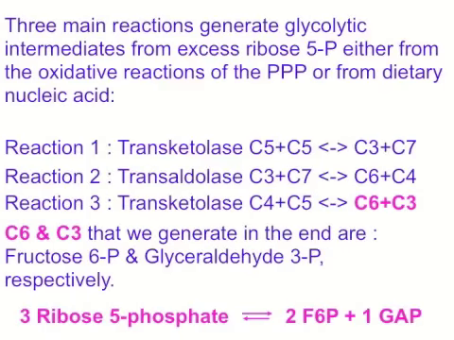In the non-oxidative pentose phosphate pathway, we have 3 main reactions that are going to go on to generate glycolytic intermediates from excess ribose 5-phosphate, either from the oxidative reactions of the pentose phosphate pathway or from the diet, from dietary nucleic acid.